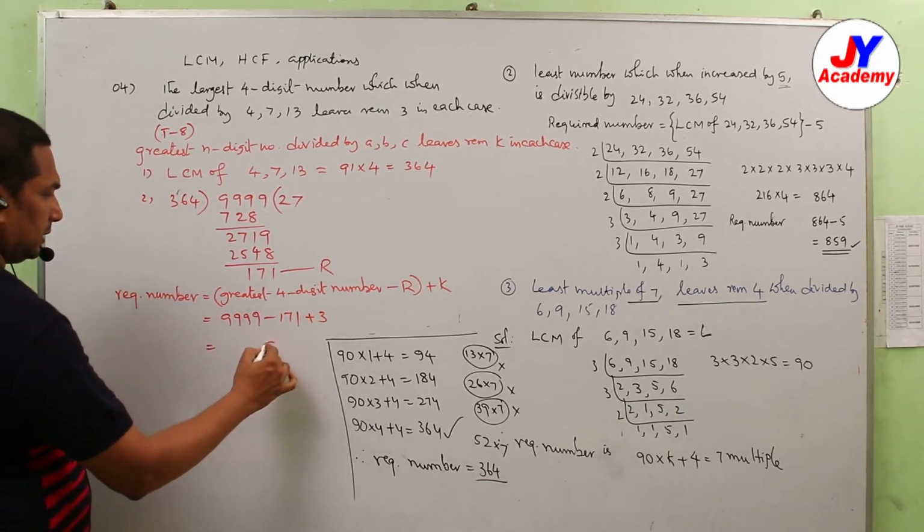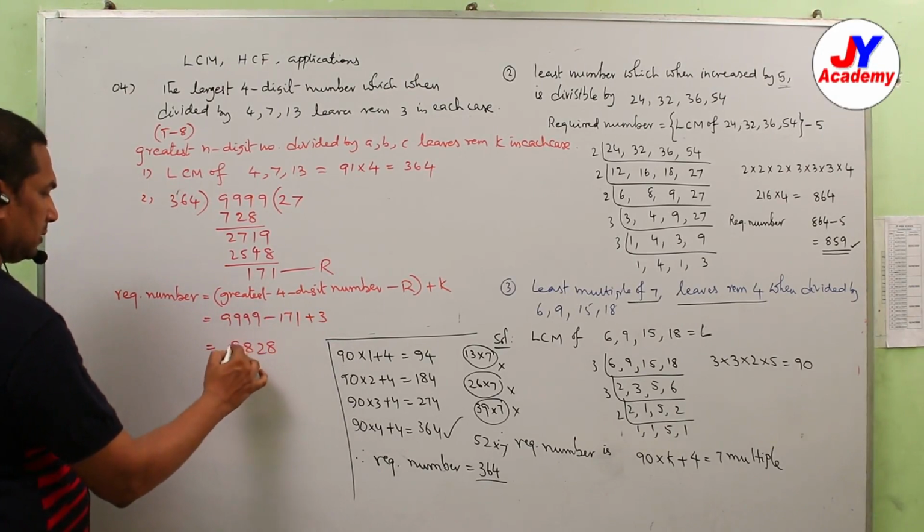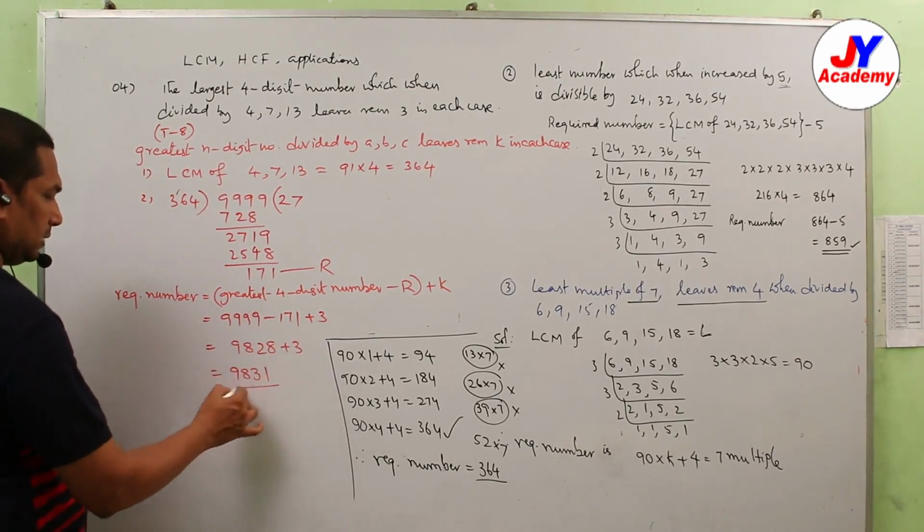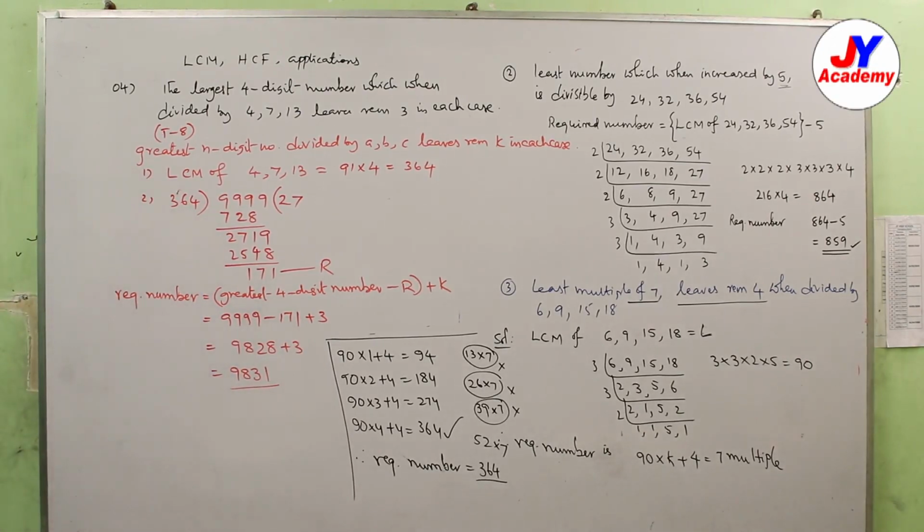So what is the difference? 8289 plus 3. So 9831 is the required number, which when divided by 4, 7 or 13 leaves remainder 3 in each case, and it is the greatest one.